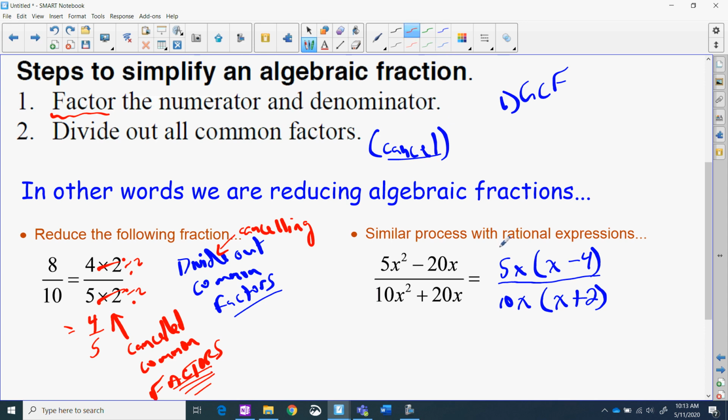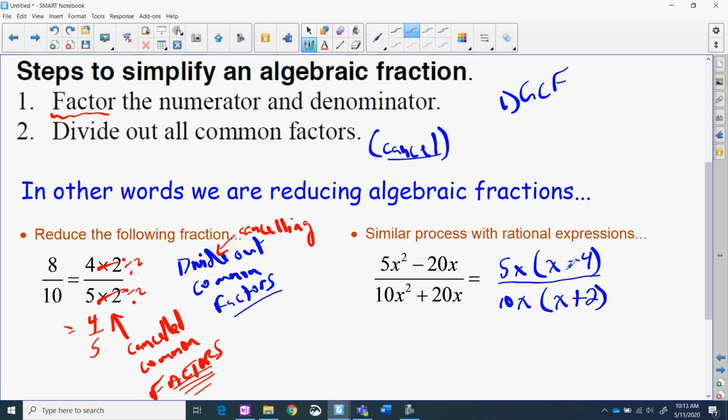Now somebody's going to say, what do you mean 3 factors? Because the 5 is multiplied by the x, they're considered factors. Then they get multiplied by x minus 4. As long as there's no addition or subtraction separating these, so for example, in this bracket, these are considered terms because they have a subtraction separating them. You're not allowed to divide or cancel terms. You are allowed to divide or cancel factors.